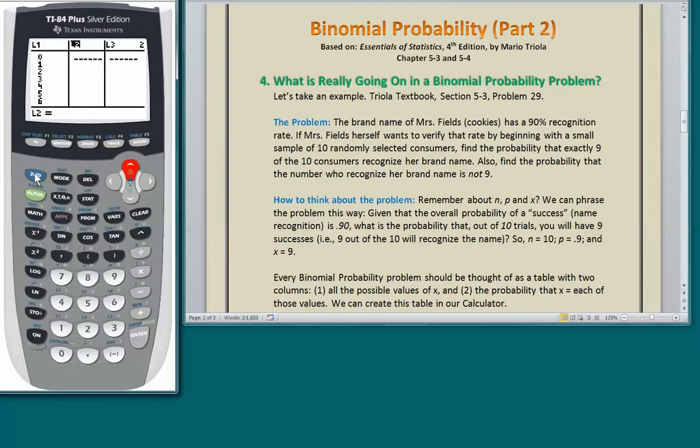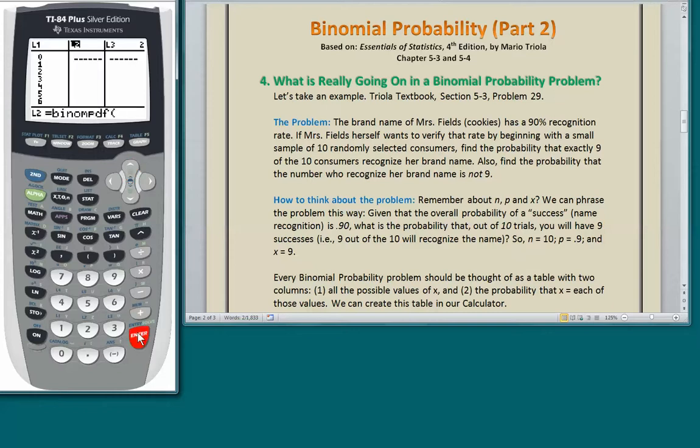calculator. Second Vars, and now I'm going to scroll down to Binomial PDF. Here you see Binomial PDF and Binomial CDF. In this case, we want Binomial PDF, so I'm going to choose that.